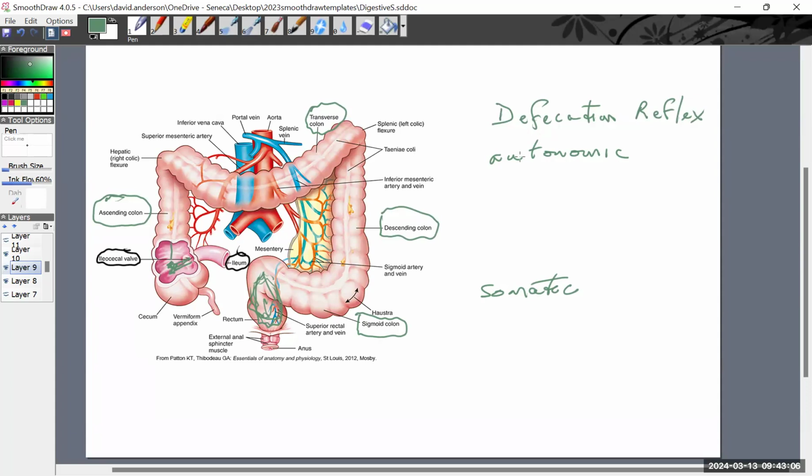So stretch is literally going to send a signal to the spinal cord and back out again.